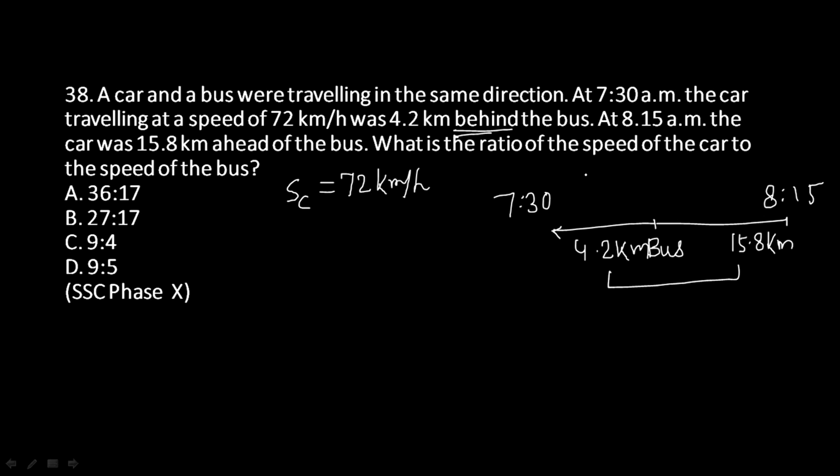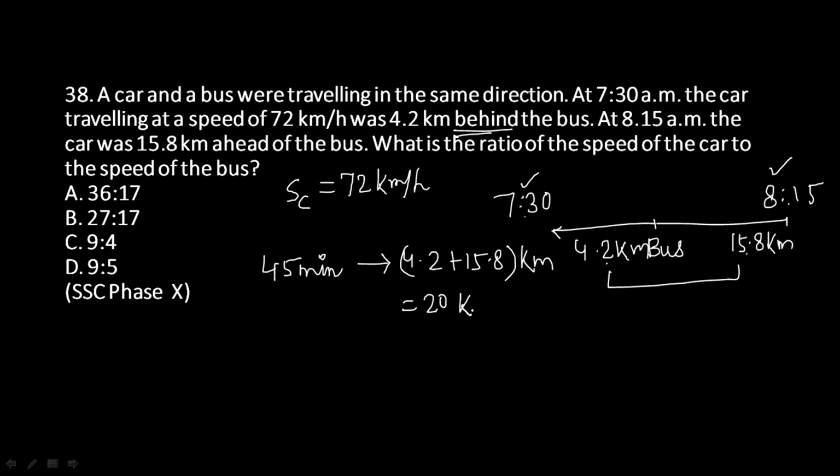So in how much time? From 7:30 to 8:15 it's 45 minutes. In these 45 minutes the car has gained 4.2 km plus 15.8 km on the bus, which is 20 km. Clear? It is equal to 20 km.